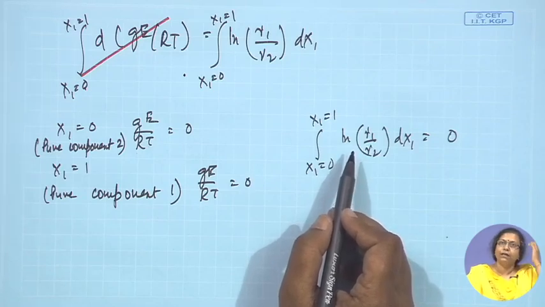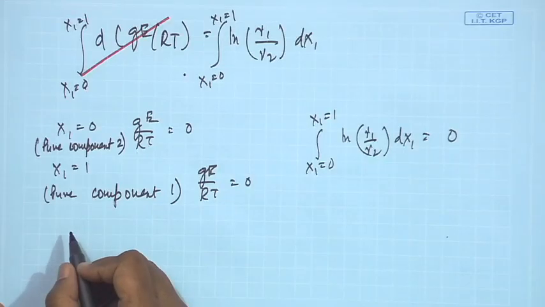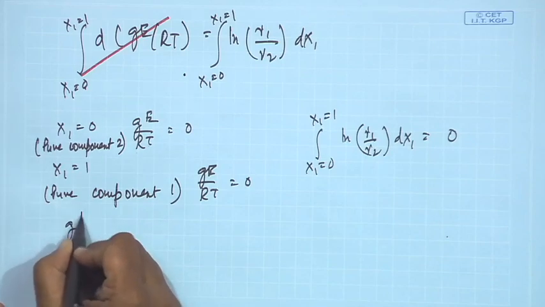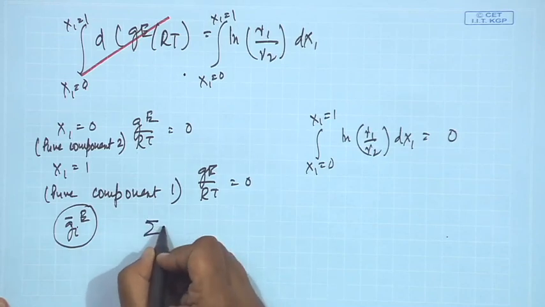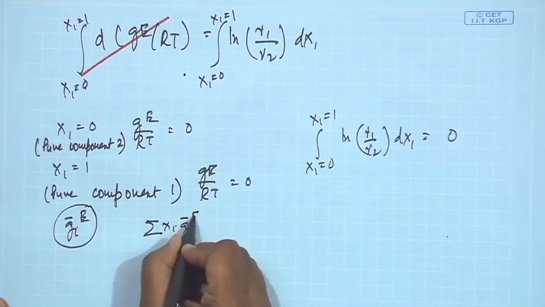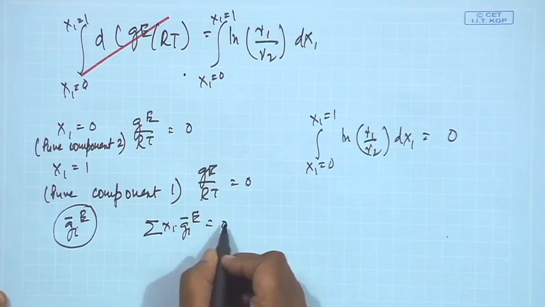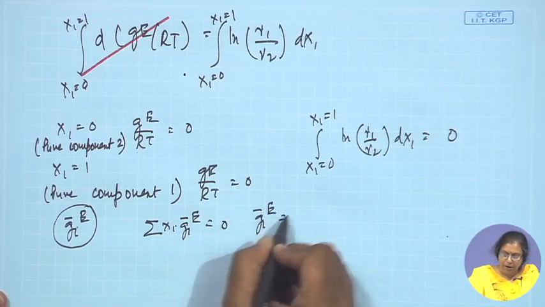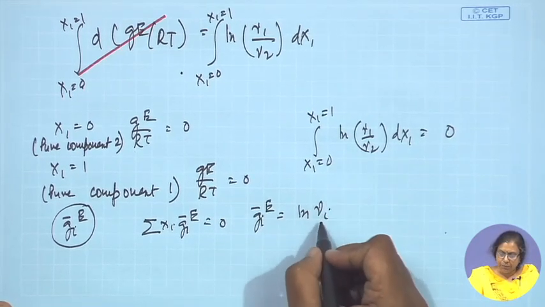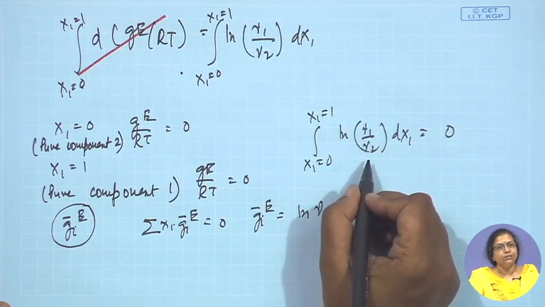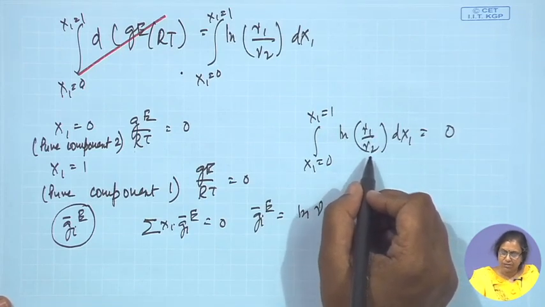And remember one thing, we can perform the area test for any particular partial molar property, but the most relevant partial molar property is the partial molar Gibbs free energy, which is given as Gi bar E. Therefore, the Gibbs-Duhem equation expressed in this term is most important, since Gi bar E is related to the activity coefficients, and it is very important to find out whether the activity coefficients are thermodynamically consistent or not.